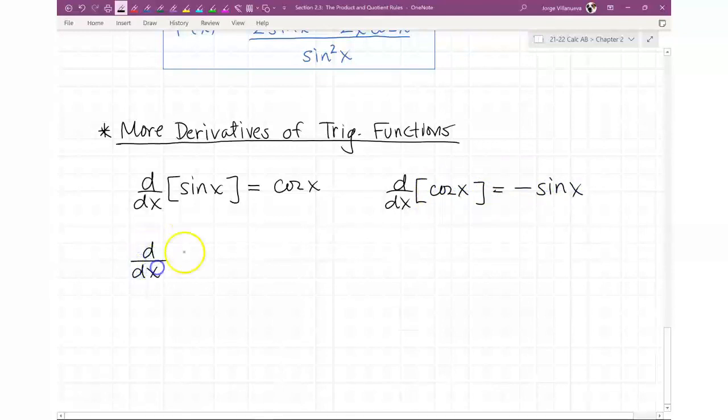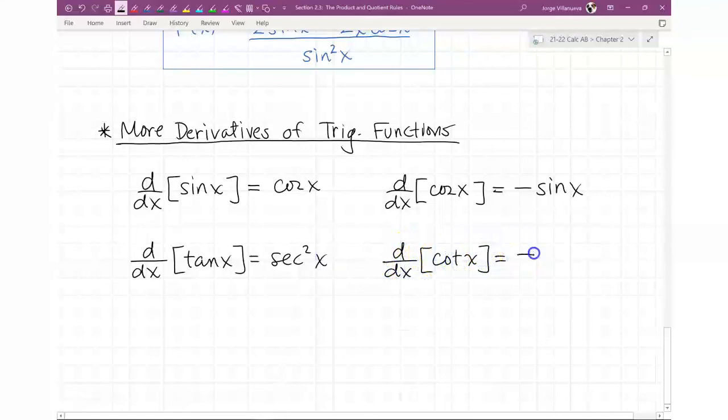d dx of tangent of x is secant squared x. d dx of cotangent of x is negative cosecant squared x. d dx of secant of x is secant x tangent x.